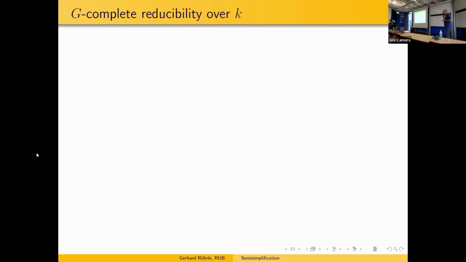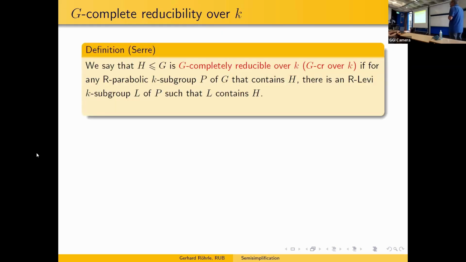Okay. What is G-complete reducibility again? Michael has mentioned both of these. Let's do that. So that's the central theme of this talk and indeed of the book. G-complete reducibility goes back to Serre. Originally, this is a building-theoretic notion, which I'm not going to mention at all. So here's what it says.